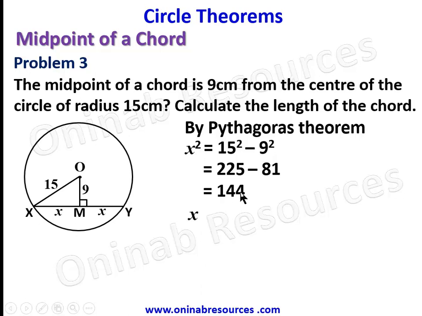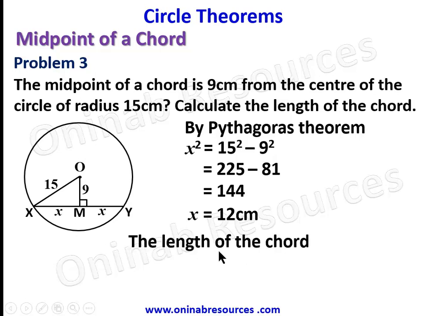So x is the square root of 144, which gives 12. Therefore, the length of the chord is 2 times 12, which gives 24 centimeters. And we have done justice to problem 3.